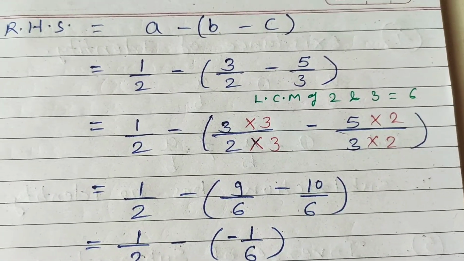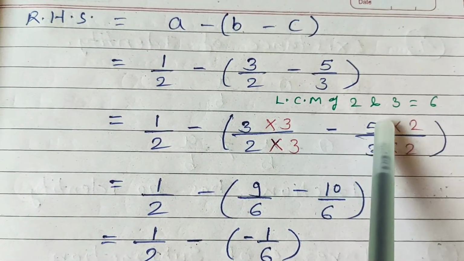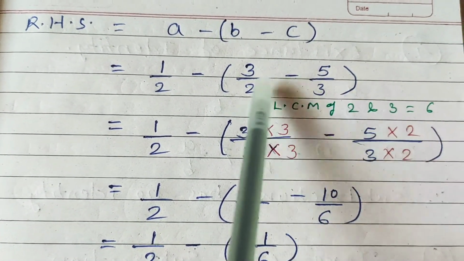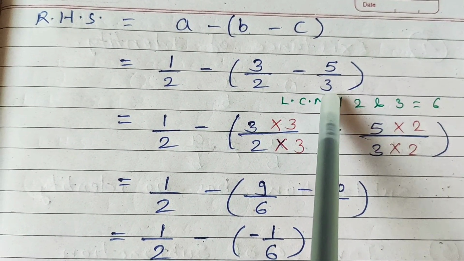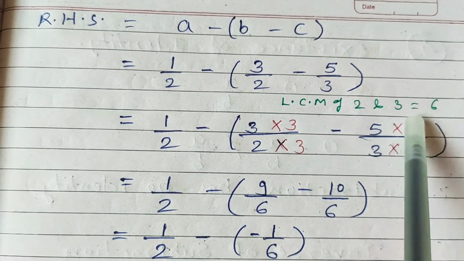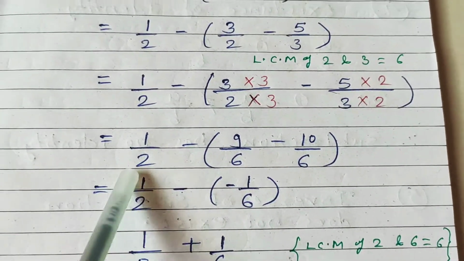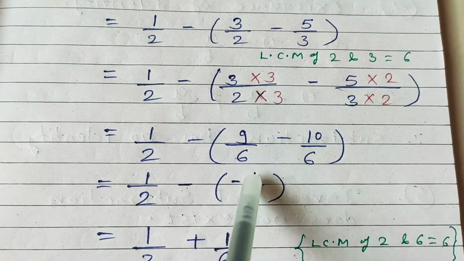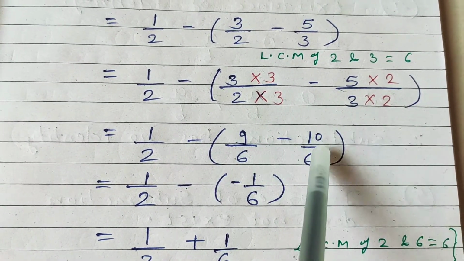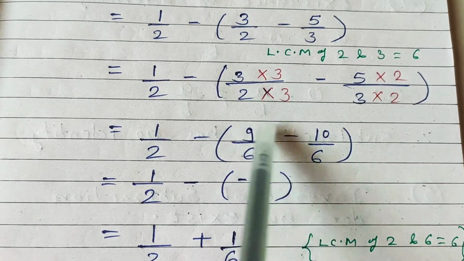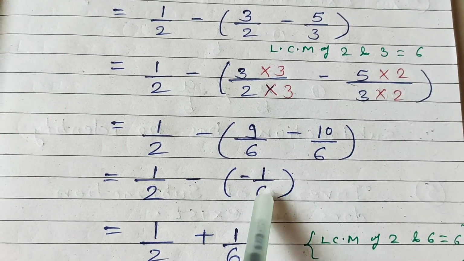To subtract the last two numbers, the LCM of 2 and 3 is 6. So let us multiply this 2 by 3 and the numerator also by 3. For 3 by 2, its numerator is also multiplied by 2. So 1 by 2 minus, the product is 9 by 6 minus 10 by 6. So 9 minus 10 is minus 1. Plus minus will be minus and the sign of the greater number, that is minus 1 by 6.